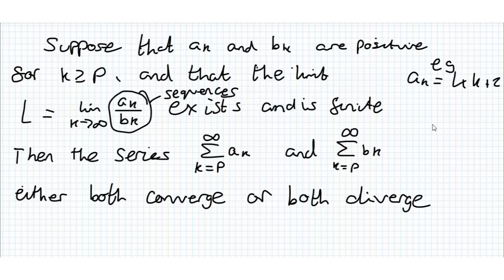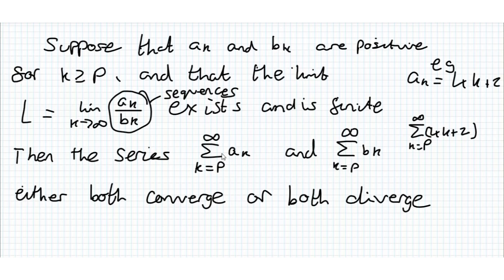Whereas this sum here would be the sum from k equals p up to infinity of 4k plus 2. So that would be 4p plus 2, plus 4(p plus 1) plus 2, and so on. And similarly for bk.